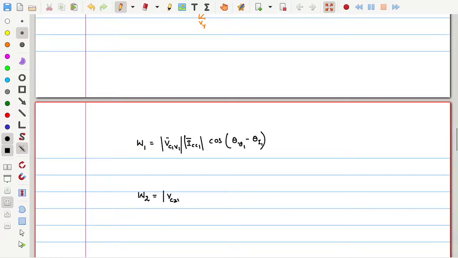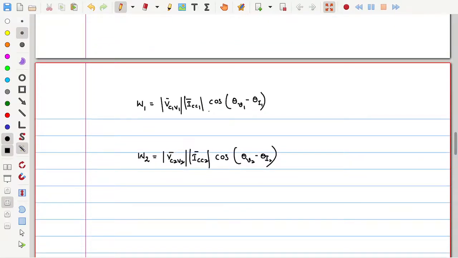Magnitude of VC2V2, magnitude of ICC2, cos of the angle between this voltage and the corresponding current. Don't get confused: theta V1 means theta of VC1V1. Over time we should be in a position to understand these generalized things. Why? Because if I use the suffix VC1V1 again, it becomes too many quantities. Now this is a generalized expression.